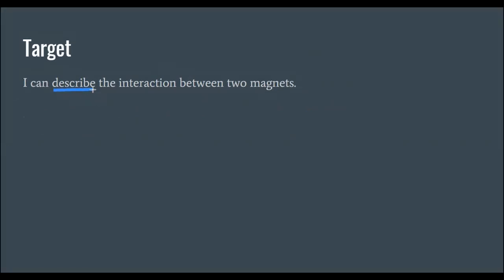So here is our target for today. I can describe the interaction between two magnets. So what this means is that we're going to describe or explain what happens between two magnets.